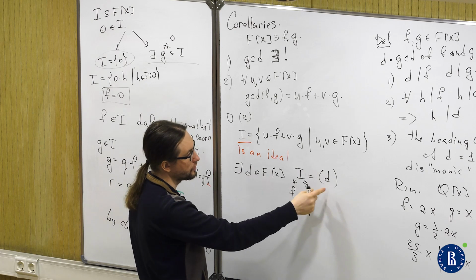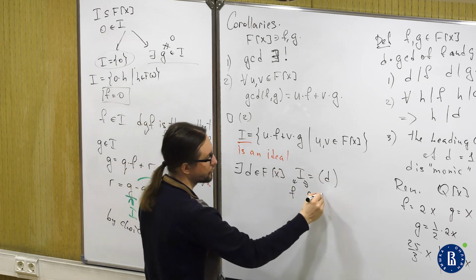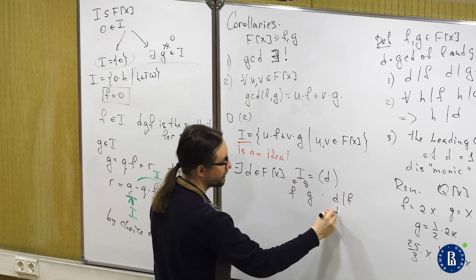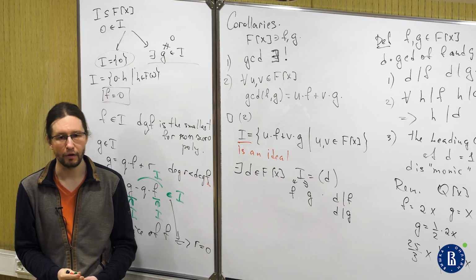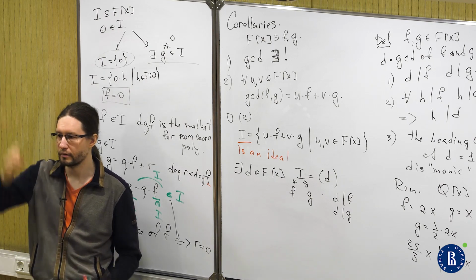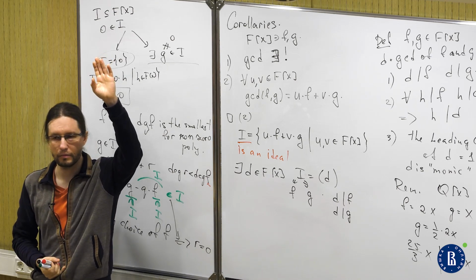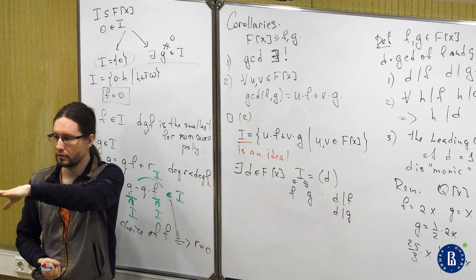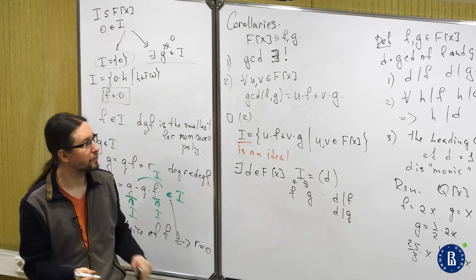By definition, everything that lies here is divisible by d. So d divides f and d divides g. That's why property number 1 holds. Who was able to follow? Are there any questions, or should I repeat the claim? Is it clear? Okay.